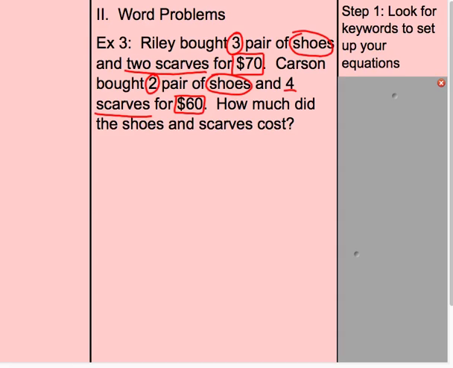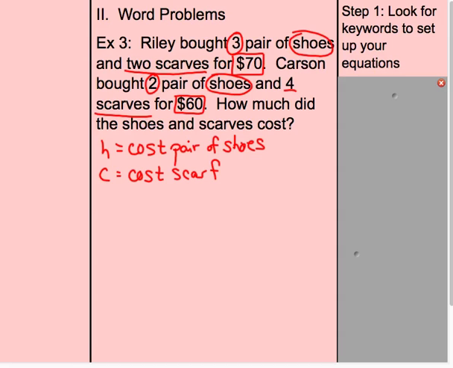So our variables, I'm going to use H for shoes because S kind of looks like a 5. So H will be the cost per pair of shoes. And for scarves, we'll use a C. So we go through, and Riley bought 3 pair of shoes.